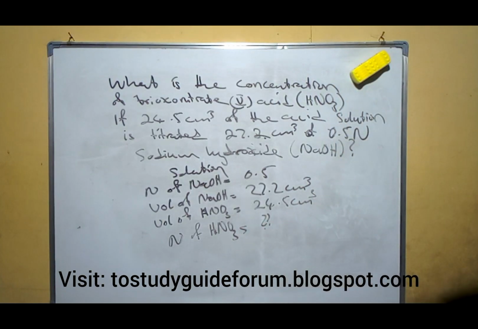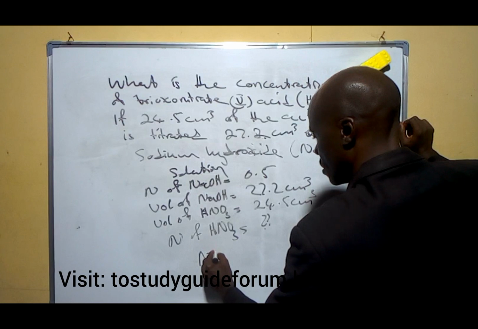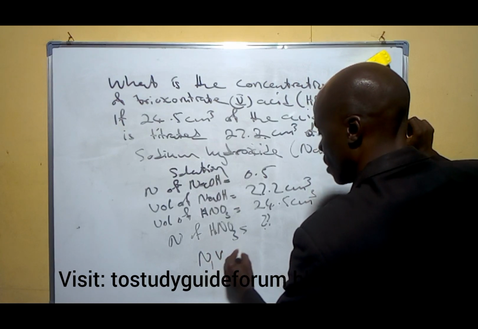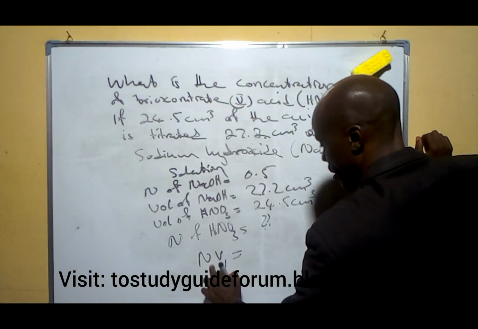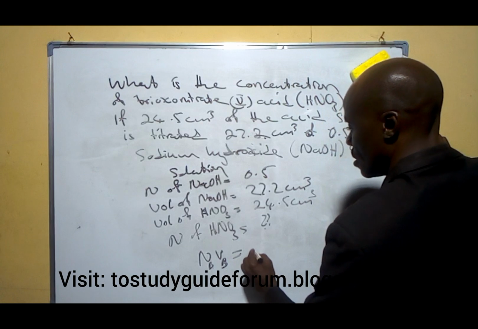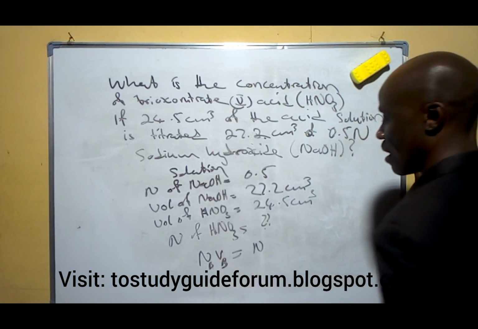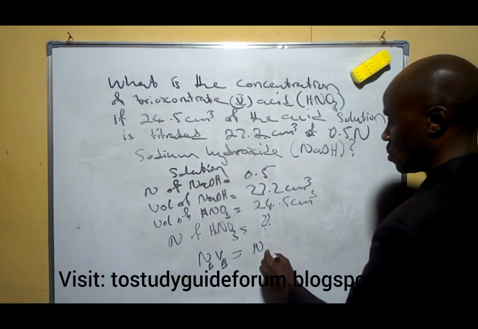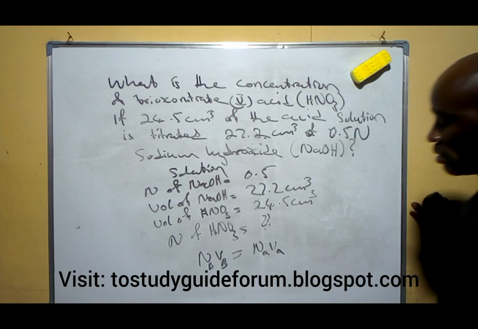In a case like this, we know that normality of the base multiplied by volume of the base is equal to normality of the acid multiplied by the volume of the acid.